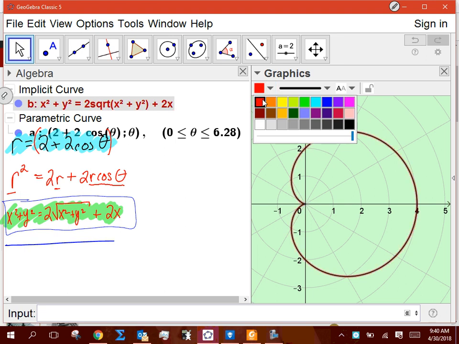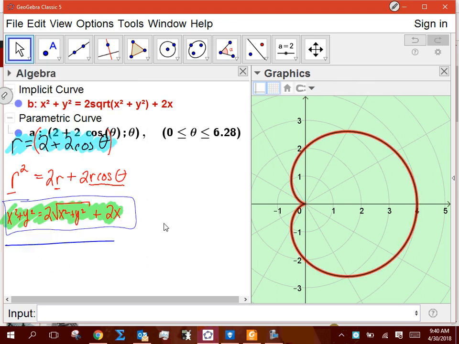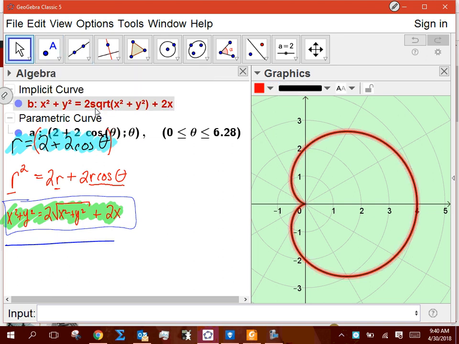And did that give me the same cardioid? I wish GeoGebra would take that and rewrite that as the root, but whatever, doesn't matter. But you see that now in terms of x's and y's, we have the exact same graph that we had when we had 2 plus 2 cosine theta.